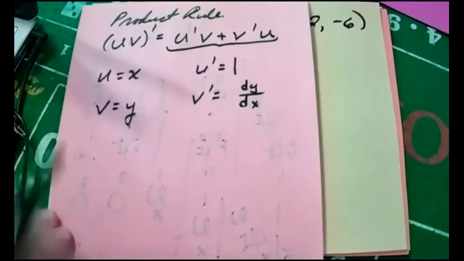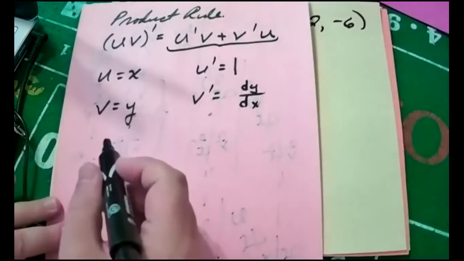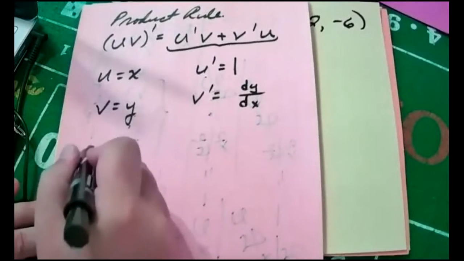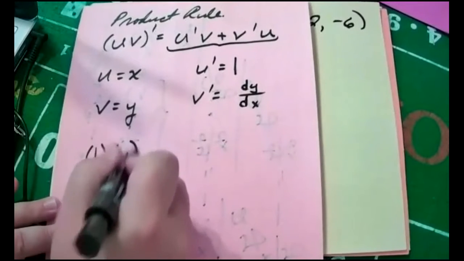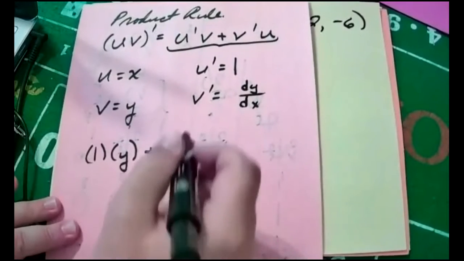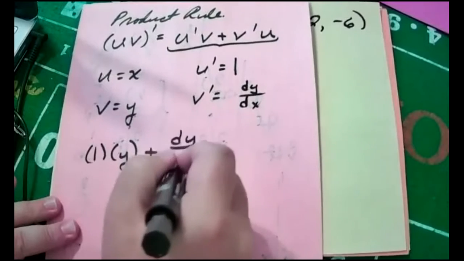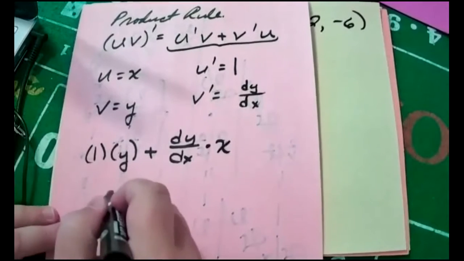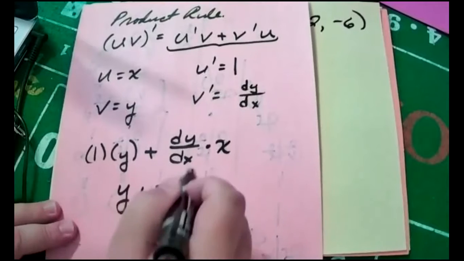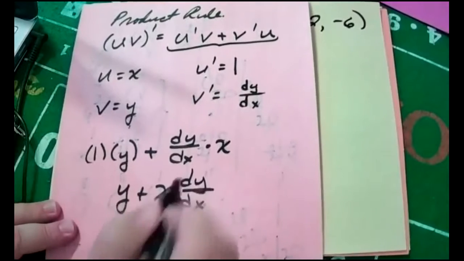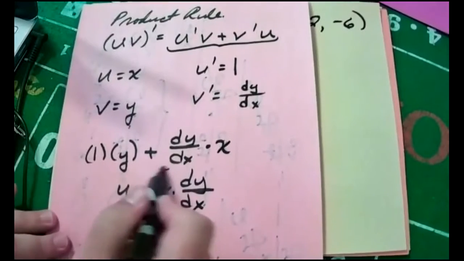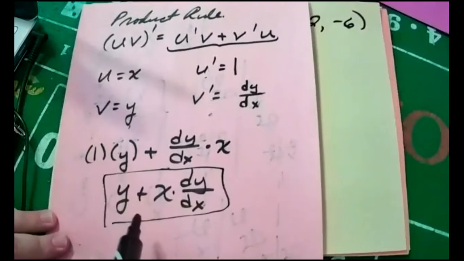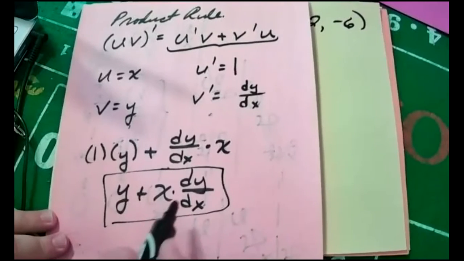And I'm going to get for this u'v plus v'u. Simplify it a little bit, it's y plus x dy/dx. Okay, so this right here is the answer to what is the derivative of xy.